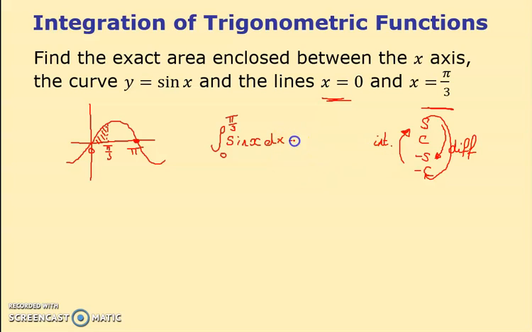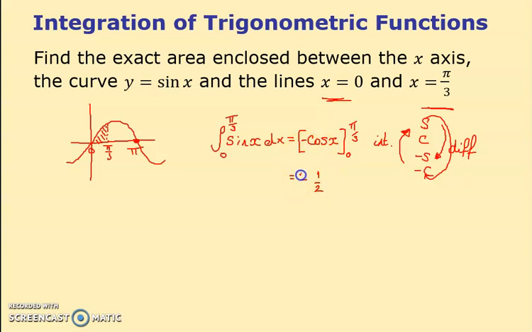So this is equal to minus cos of x, between 0 and pi by 3. So what do we do? We put pi by 3 in. That's minus cos of pi by 3. Now cos of pi by 3, cos of 60, is a half. So that's minus a half.